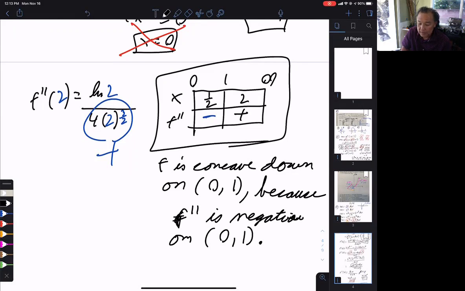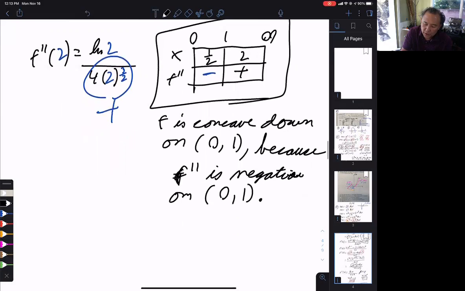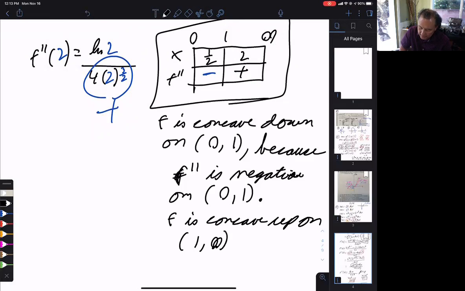There's another way. I'm going to be a little more shorthand on this. So it's positive from 1 to infinity. So we know f double prime is positive, so f is concave up. I'll say this: f is concave up on what interval? On the interval from 1 to infinity. Now, you can do BC for because, shorthand.